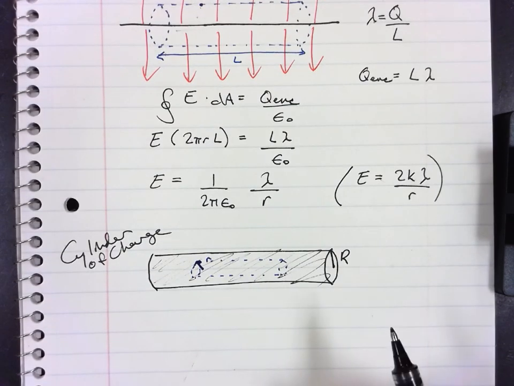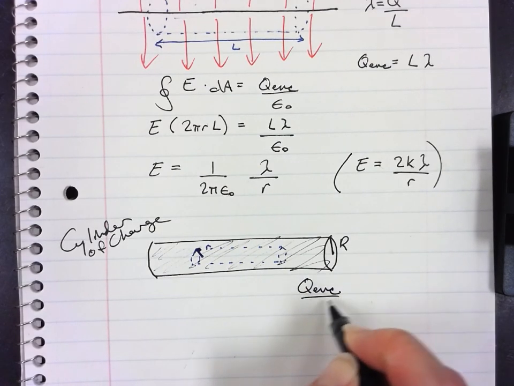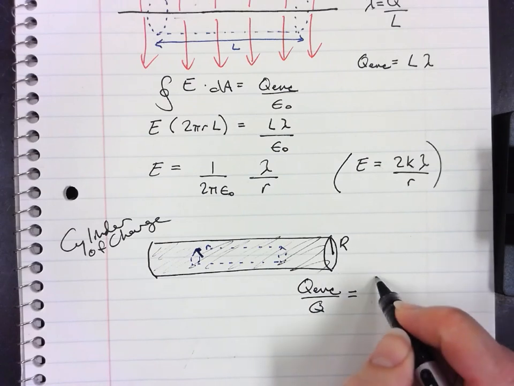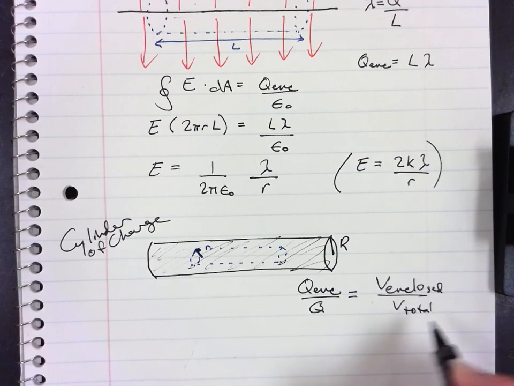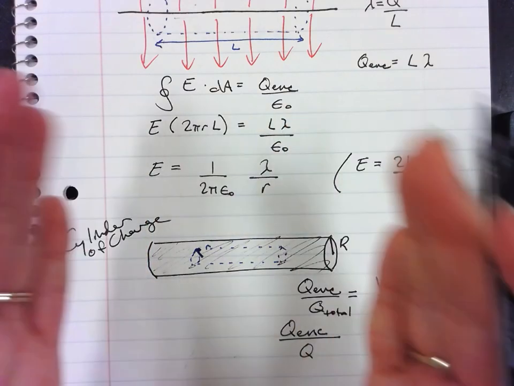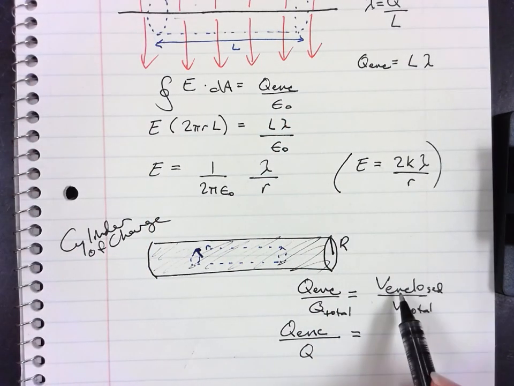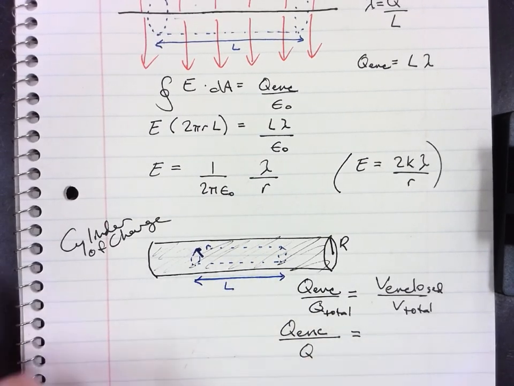What gets tricky here is figuring out the charge enclosed. We do the same volume distribution. So Q enclosed over Q total equals V enclosed over V total. For the total charge, whatever it is, if this is L again, now we need the volume of the cylinder.